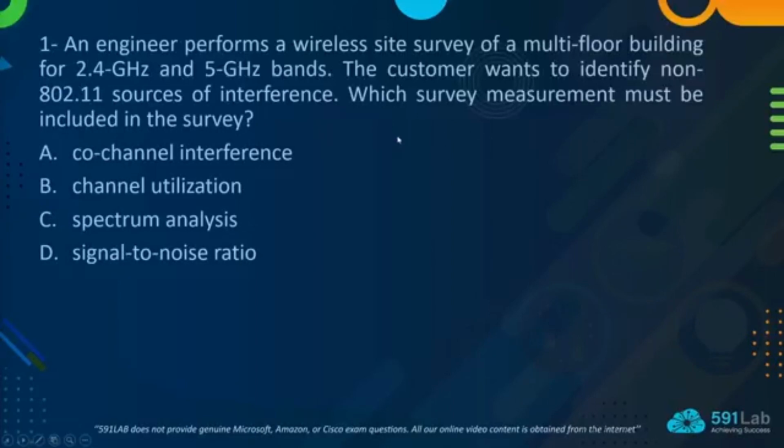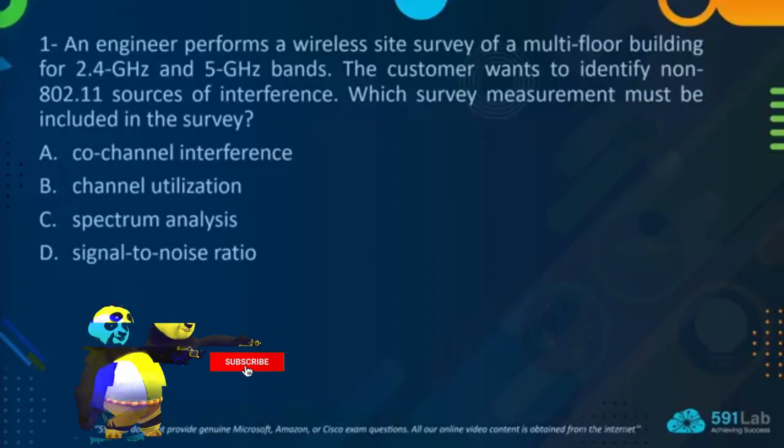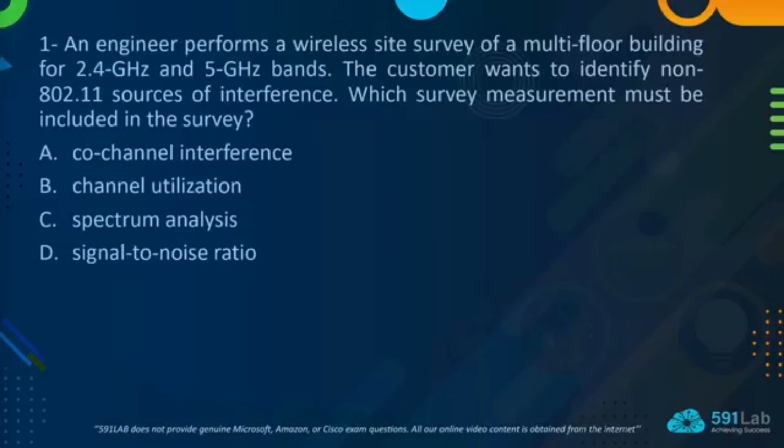A lot of things around us actually cause interference, such as a microwave oven, a TV, a screen, an LED light. For example in hospitals, a lot of machines work on the same bands as 2.4 or 5 gigahertz that causes interference with our Wi-Fi devices. So these are called non-Wi-Fi sources of interference.